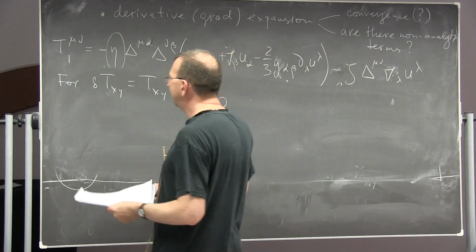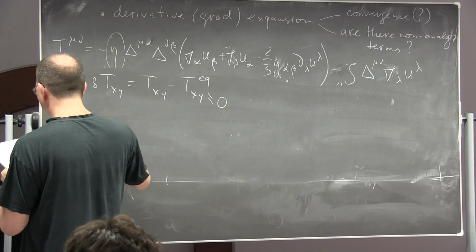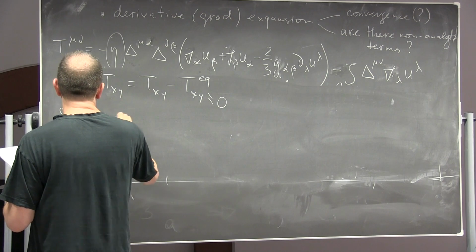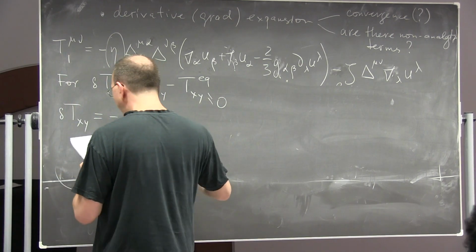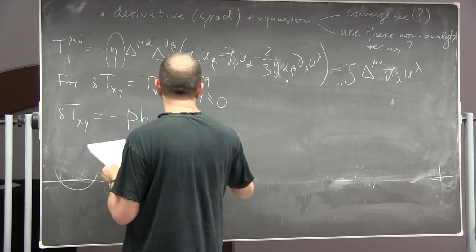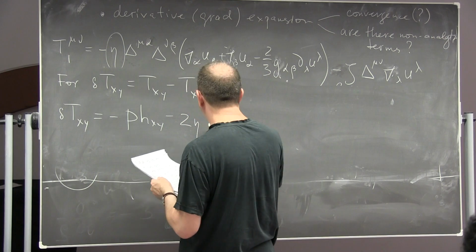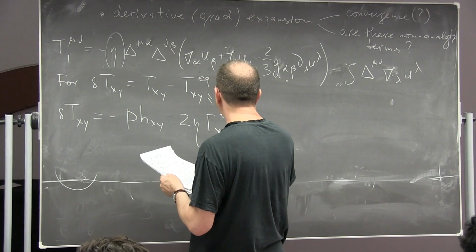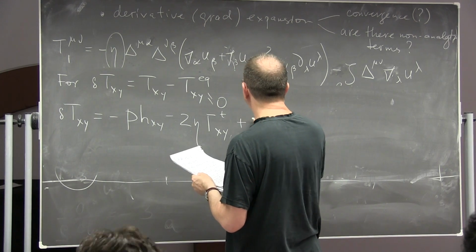So for delta txy, we now have the following expression: minus pressure hxy minus 2 eta, so this is coming from this term here, times the Christoffel symbol gamma t xy, which we know explicitly, plus high derivative terms, which we don't write.